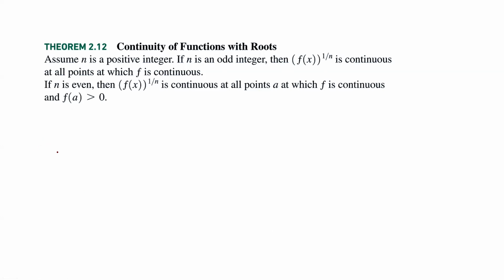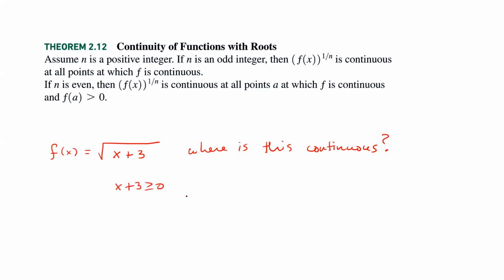Let's take an example. Suppose I have just the square root of x plus 3, right? Where is this continuous? Is it 0 to positive infinity? Actually, more than that. It'll be continuous as long as x plus 3 is greater than or equal to 0. So as long as x is greater than or equal to negative 3.